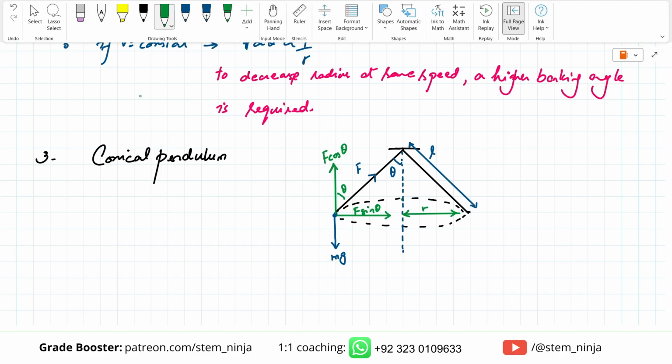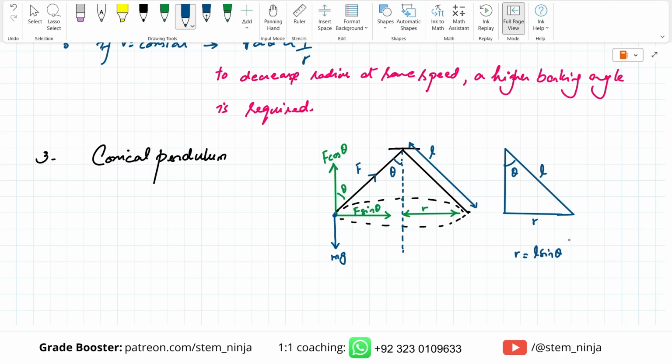Now, one thing to notice before we go any further, if you look at this, we have a sort of right angle triangle situation. So this is L, this is theta, and this is the radius. So R can be written as L sine theta.